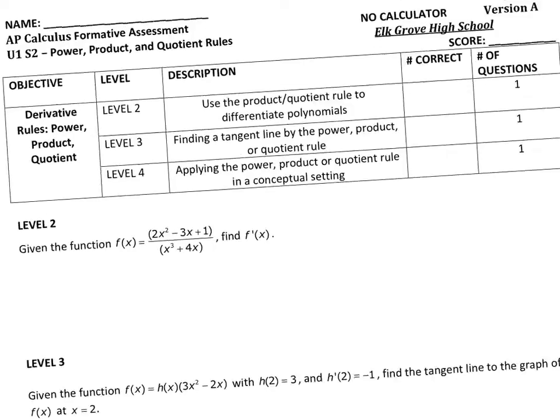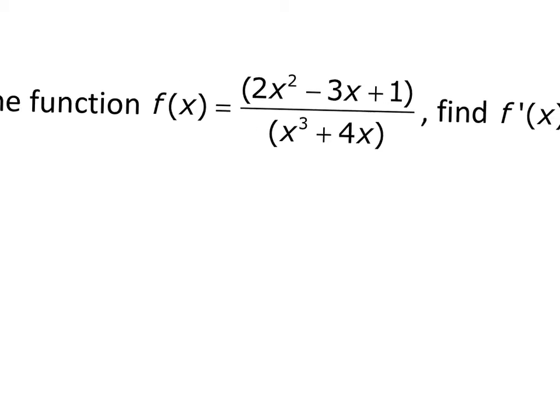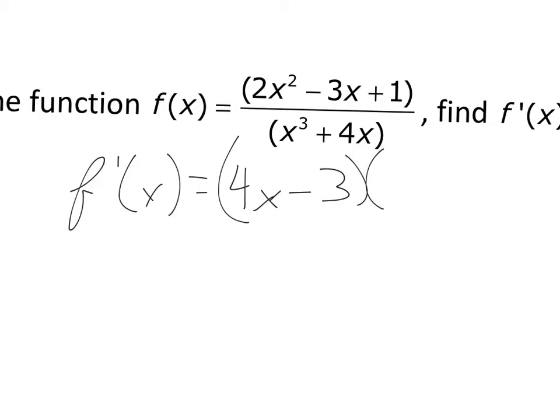As we saw in class, the derivative of the quotient can be found by taking the derivative of the expression on top. In this case, that derivative is 4x minus 3, and I'll multiply that by the expression on the bottom, x cubed plus 4x.